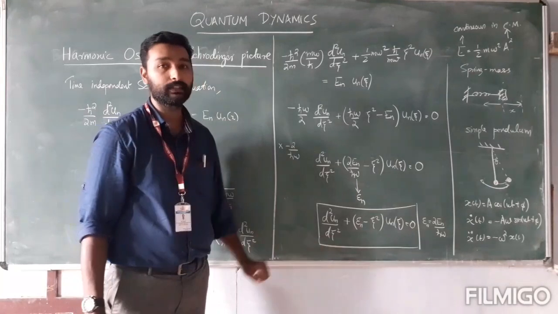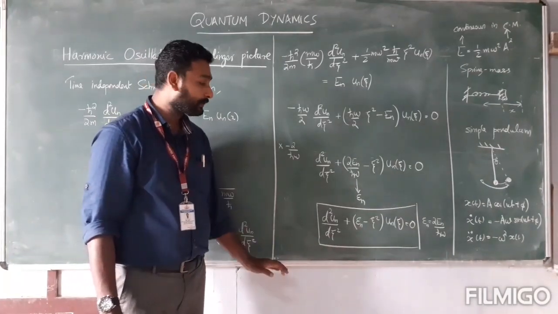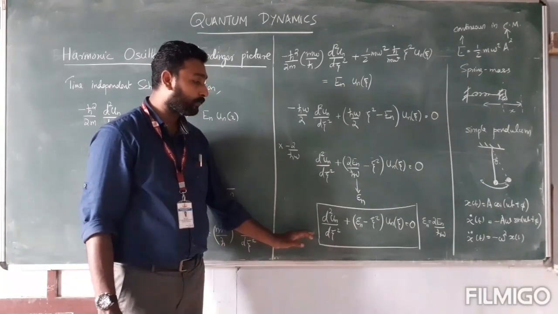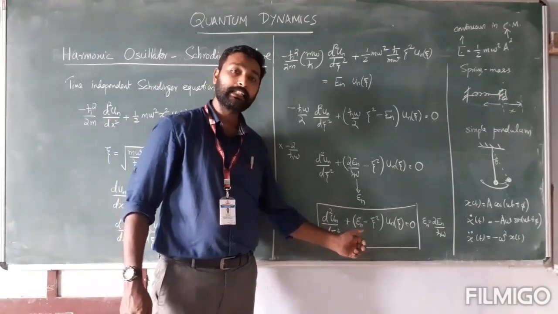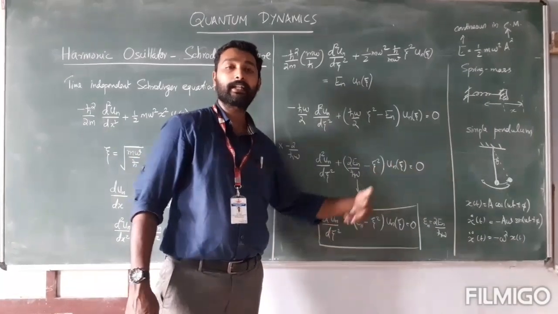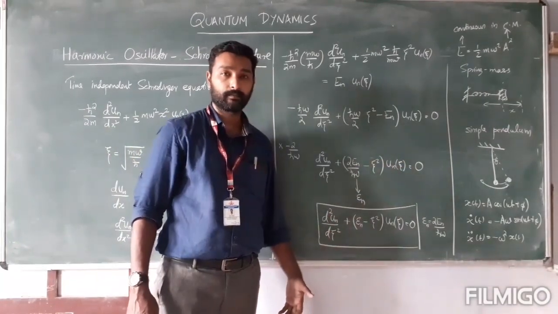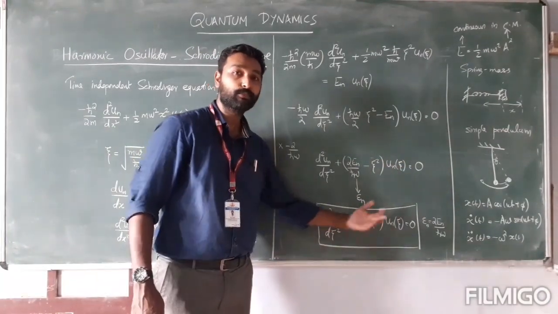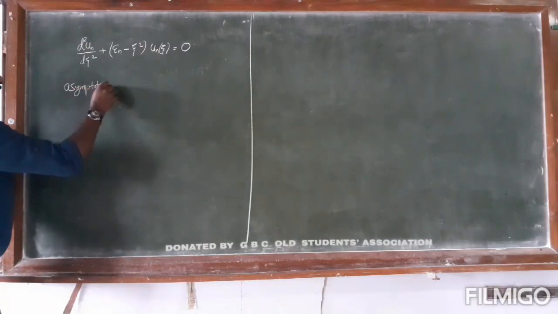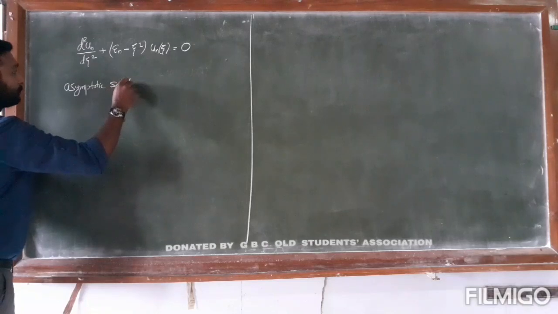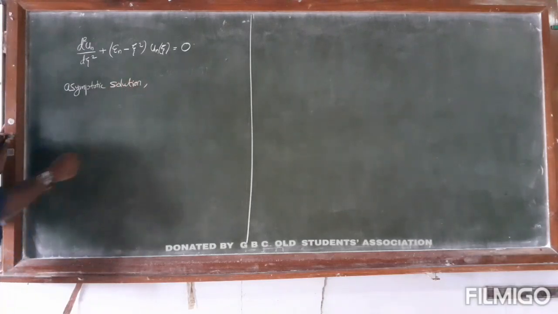Now, how to solve this problem? The first thing is, I will use an assumption. I will go for an asymptotic solution, that is, what would be the solution when theta is very large, when theta tends to plus or minus infinity. That is called the asymptotic solution.